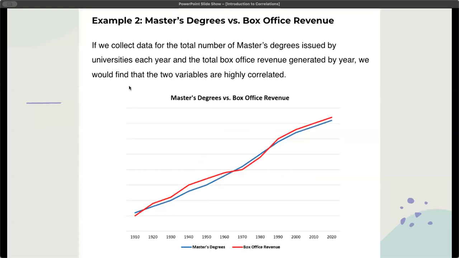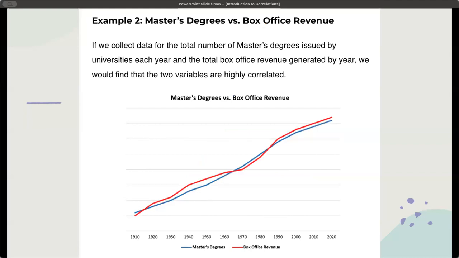Another one: if we collect data for the total number of master's degrees issued by universities each year and the total box office revenue generated by year, we would find the two variables are highly correlated. Here we're looking at data from 1910 through to 2020, which is approximately 110 years.